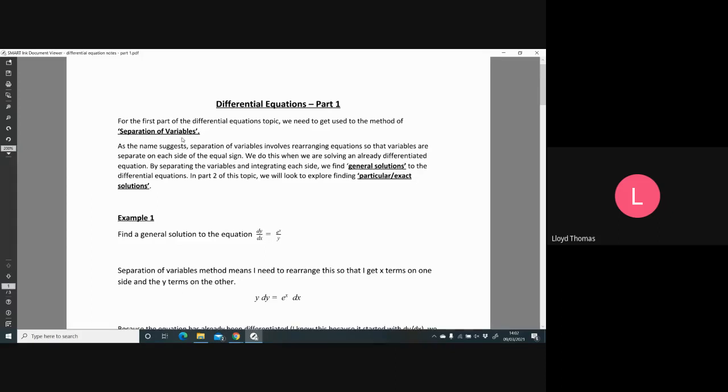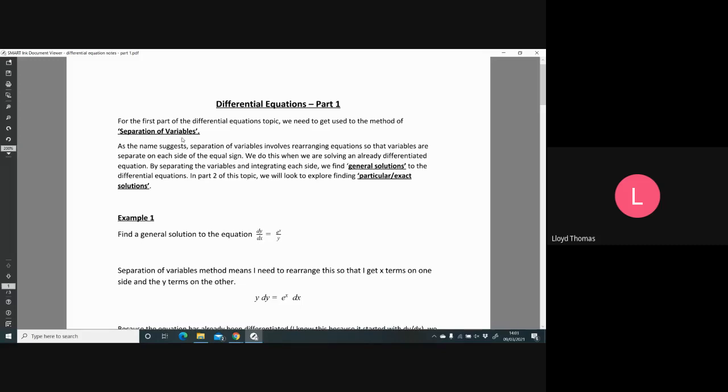Now, you would have been used to separating variables by changing the subject of a formula in the past. And we're going to treat that as a similar sort of routine to what we're doing here. So if it says make y the subject of the formula, we want y on its own, or if we're rearranging an equation with all the x's on one side, all the y's on the other, that's pretty much what we're going to be doing here.